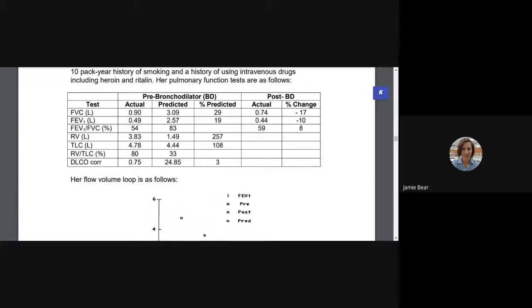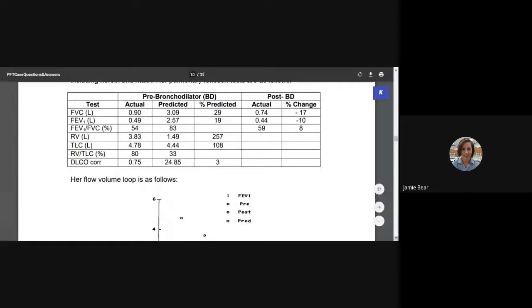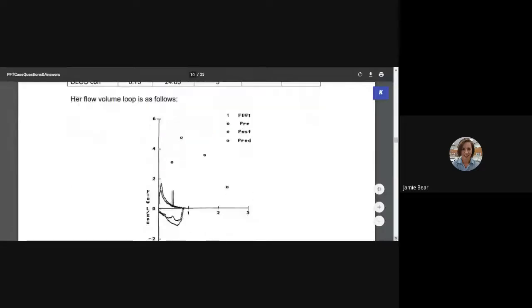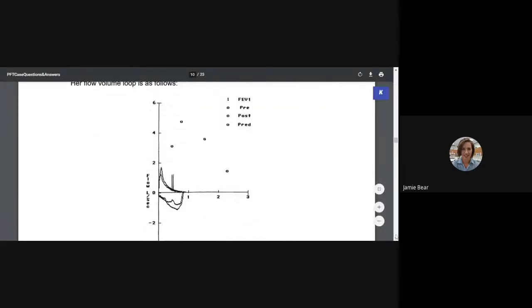Then if you go down and look at her volumes, yep, same pattern, increased residual volume, increased total lung capacity, and 80% of her whole total lung capacity is residual volume. Then you come down here to her diffusion capacity, and she's supposed to get 24.85, and she only got 0.75. So she's only 3% of predicted. Here is her flow volume loop.